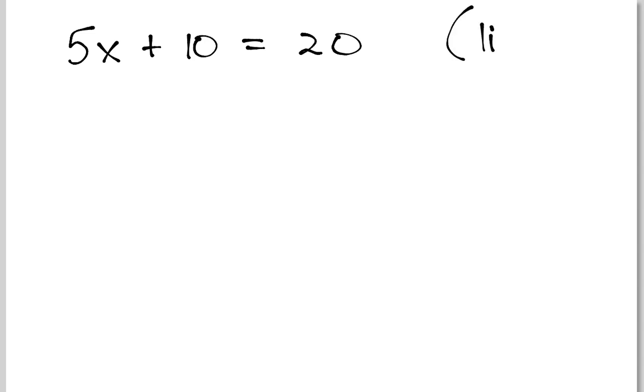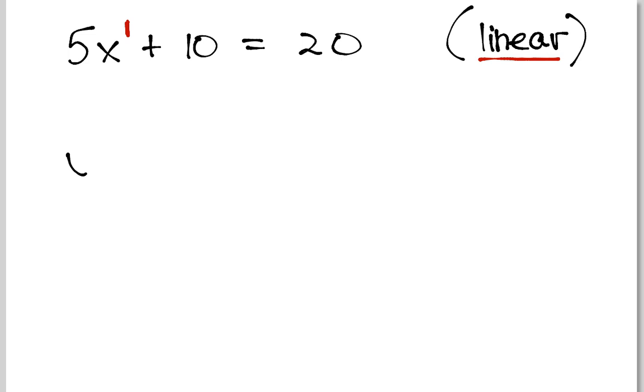Okay, so if you had a question like this, what kind of equation is that? Why is it linear? Because the highest power on any x is 1.